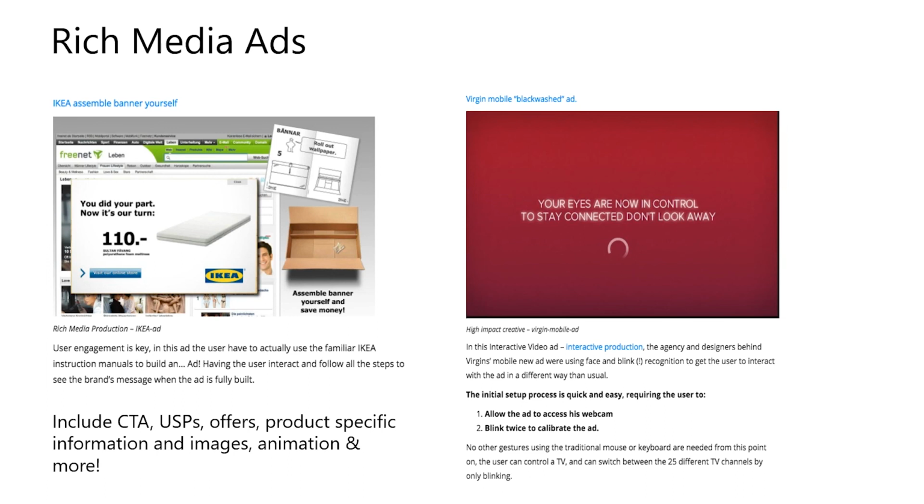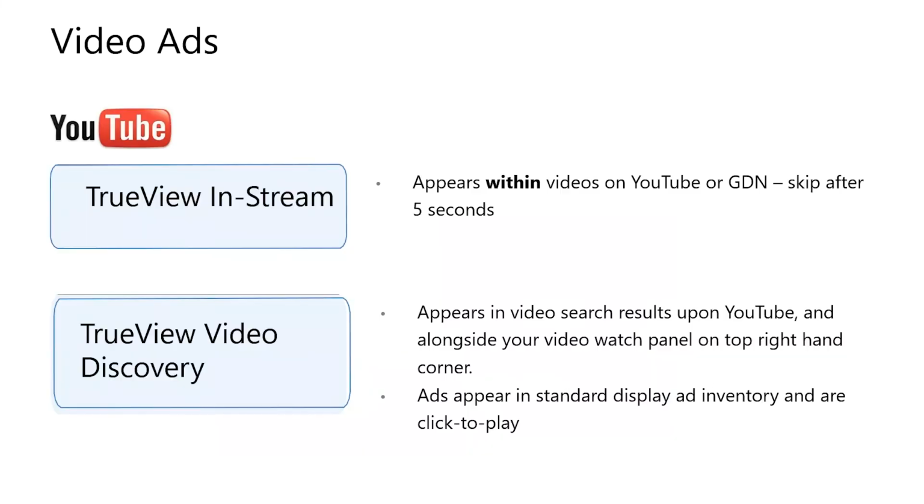Apart from basic image ads, text ads, Google also allows you to serve rich media ads, which is essentially video content or interactive content that you can serve through ads, again using Google Ads as an experience.